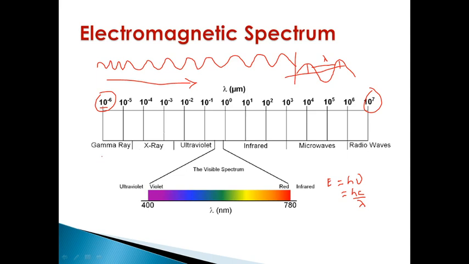That means a gamma ray must be highly energetic. So gamma ray has high energy and radio wave has low energy. This is the energy and wavelength relation of electromagnetic radiation, starting with gamma ray and ending with radio waves.